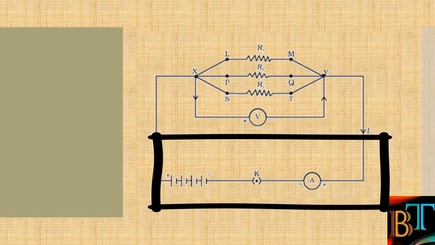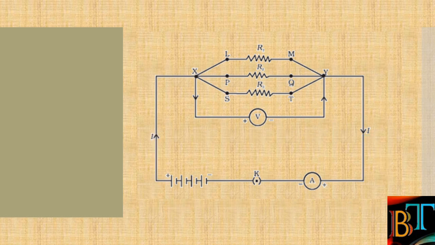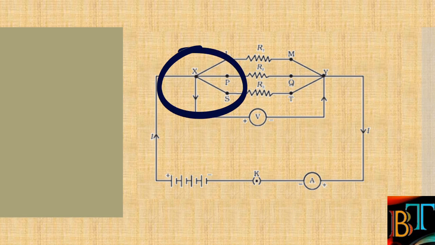When the key is closed, the current I is drawn from the battery, but it divides into 3 because the electron has 3 ways to pass. So, current in the conductor divides into 3 and flows. More current will pass through less resistance.